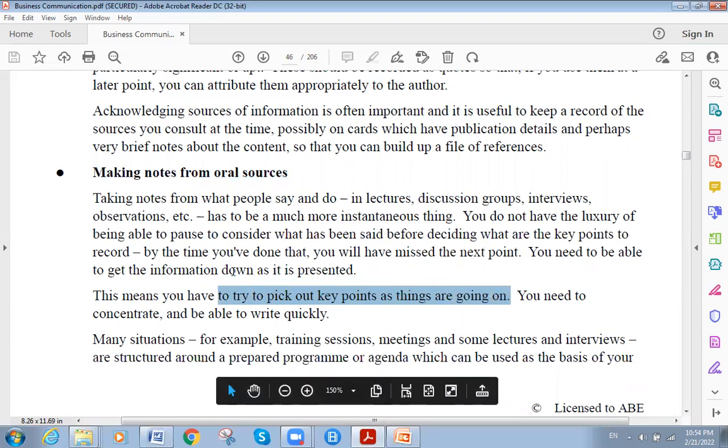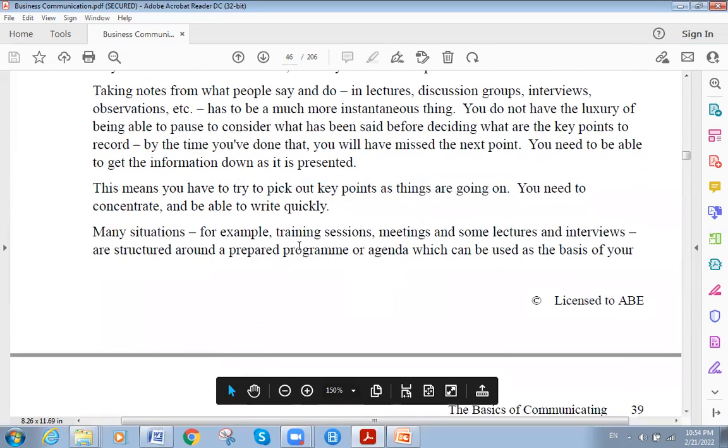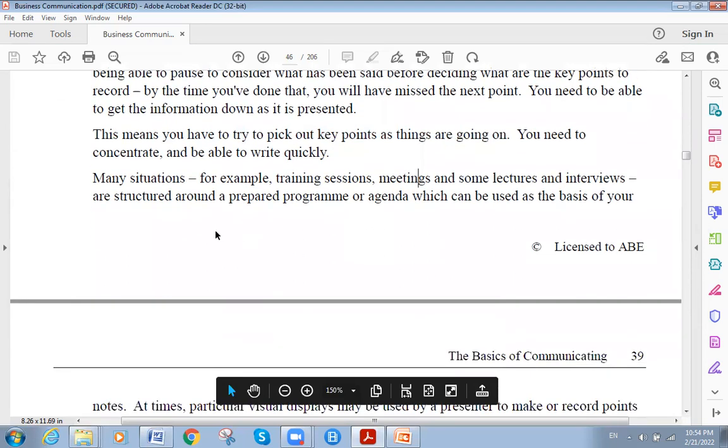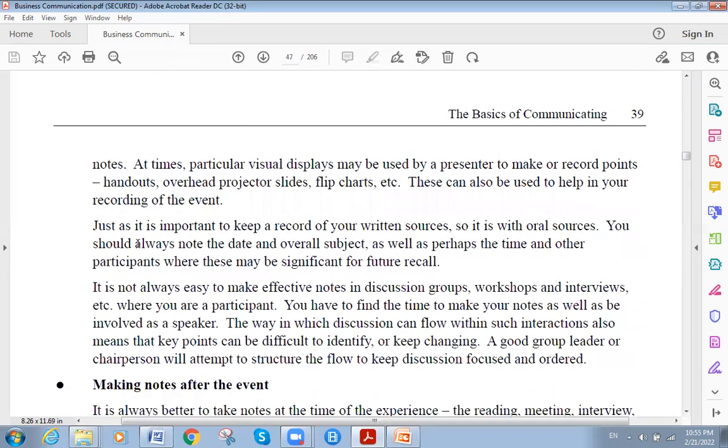Like I'm telling you, if you are going to be trained in a new job and your manager in the business is telling you some important points, you have to pick out the key points, the main things that you might forget, and write them down. So that it will help you when you come to recall them. Yes, he talked about this point, he talked about this point. Okay.